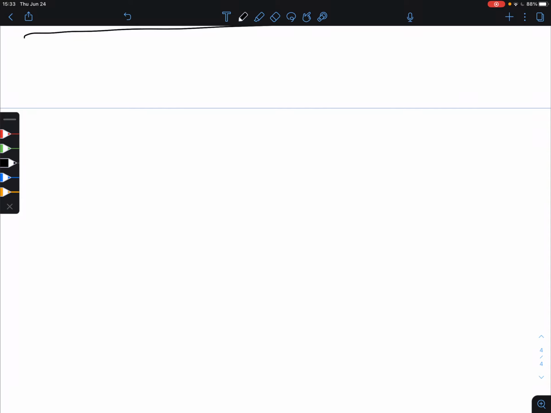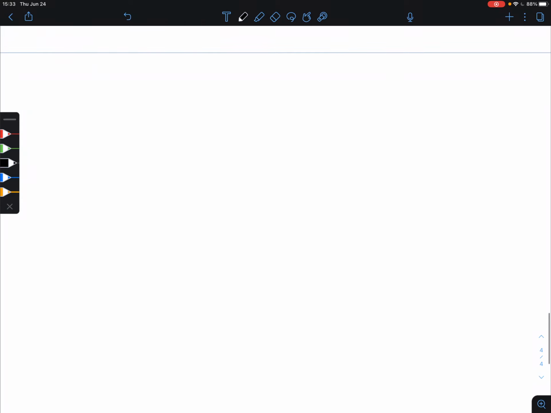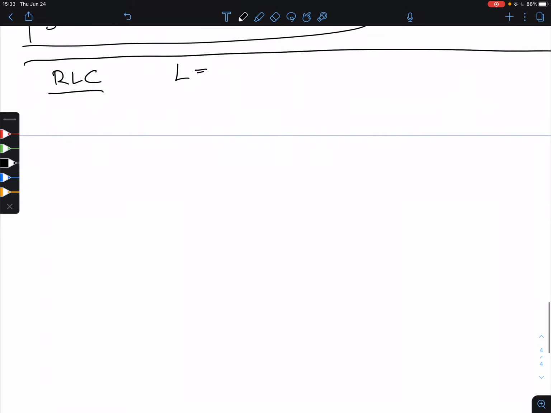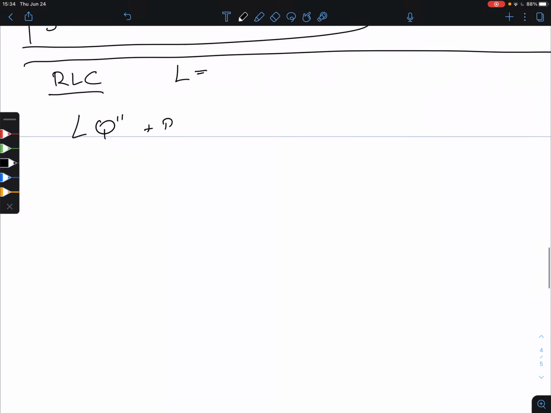So the last thing I want to do in this review is an RLC circuit, and I'm going to keep it very simple. I'm just going to give the various values. Remember, the equation is L Q double prime plus R Q prime plus 1/C Q is 0, where Q is the charge.